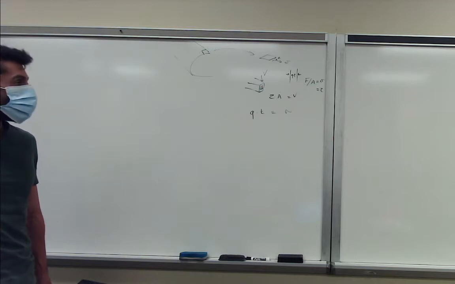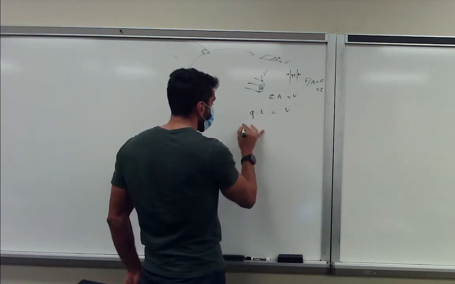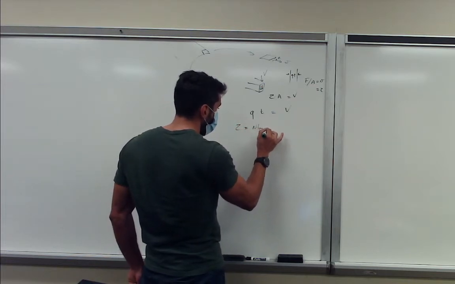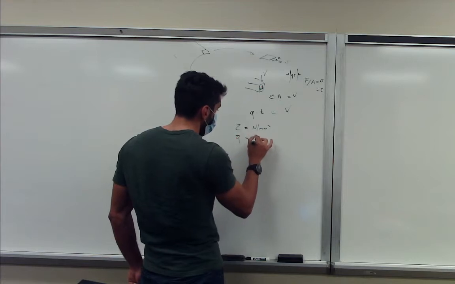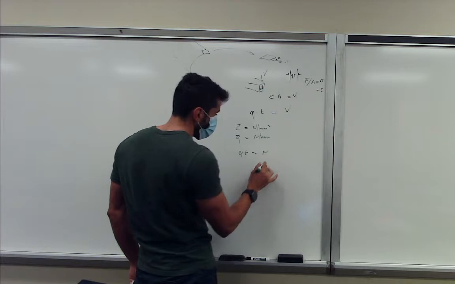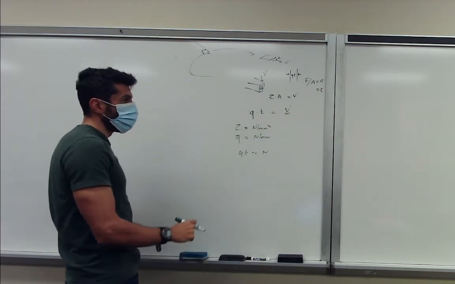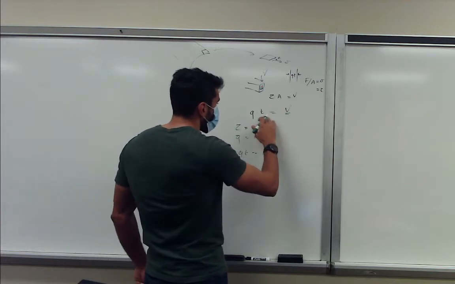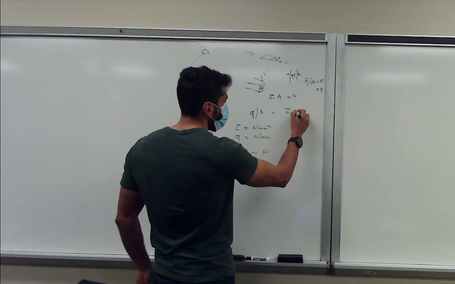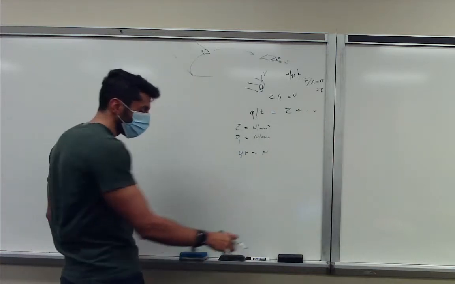Divide by thickness. No, we're talking about shear force right now, right? So tau is Newton per millimeter squared. q is Newton per millimeter. So if you do q times t, you get newtons. So this is shear force, not shear stress. So if you divide again by the thickness, then you get your shear stresses out of it, which you can compare to your material properties X, Y, and Z.